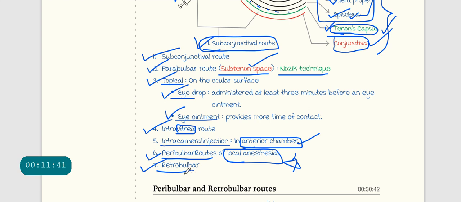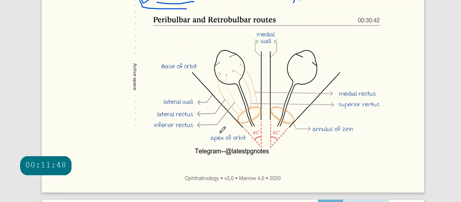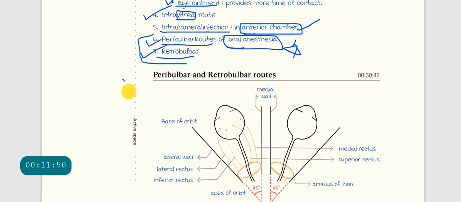So here you can see the image, parabulbar and retrobulbar. These are both the eyes, right and left eye respectively, and here is the base of the orbit and the medial wall of the orbit. Joining the base of the orbit and the medial wall of the orbit, imaginarily it gives us a 45-degree angle.